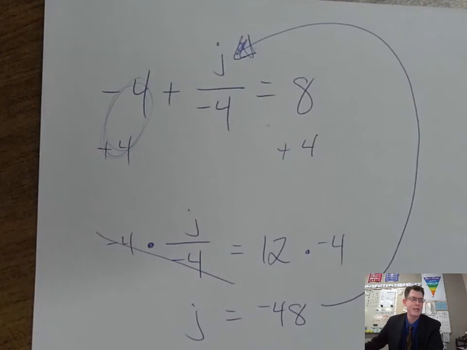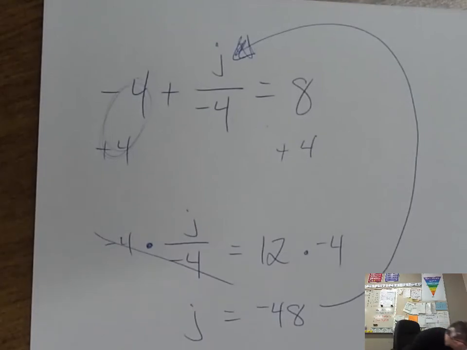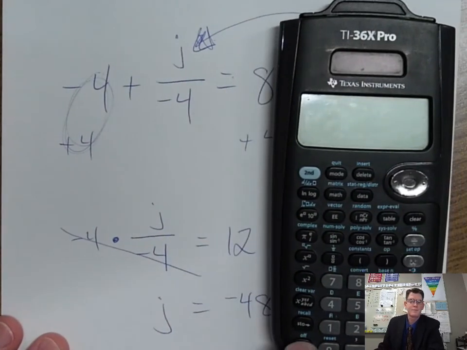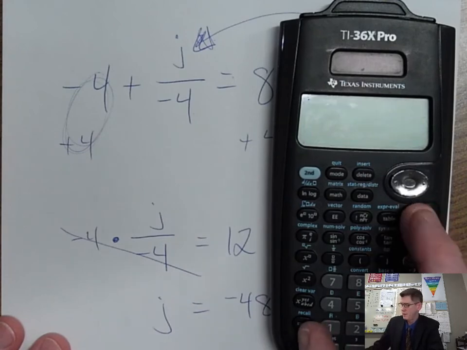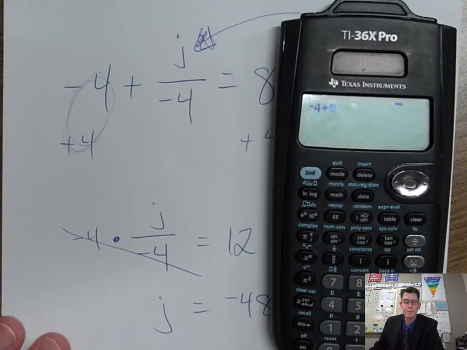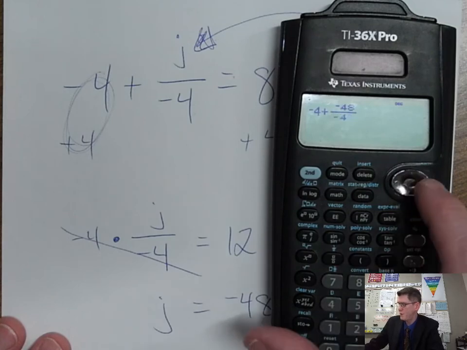And just to show you the joys of this, let me go ahead and actually do this one on a calculator. If I'm wasting your time, just push pause. But here we go. Negative 4 plus the fraction negative 48 divided by negative 4.